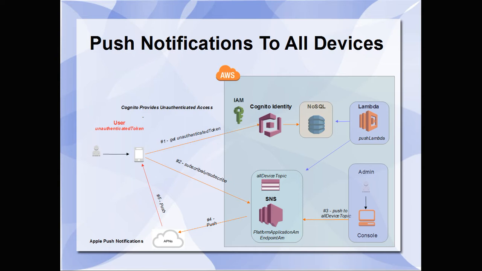What it does for you, it generates this all device topic, and it gives it certain permissions that allow an administrator to push to the all device topic, and SNS will then distribute that notification to all the mobile devices by communicating with Apple push notification services.